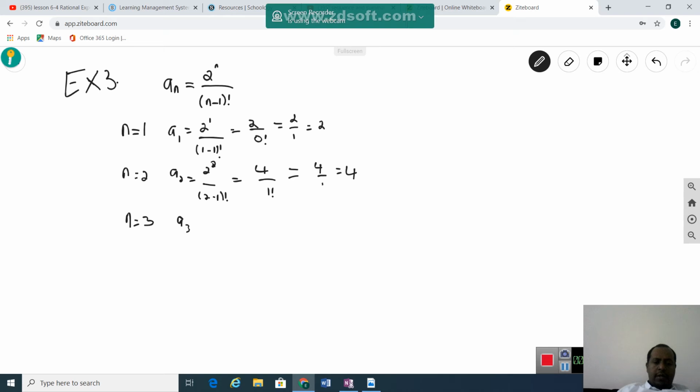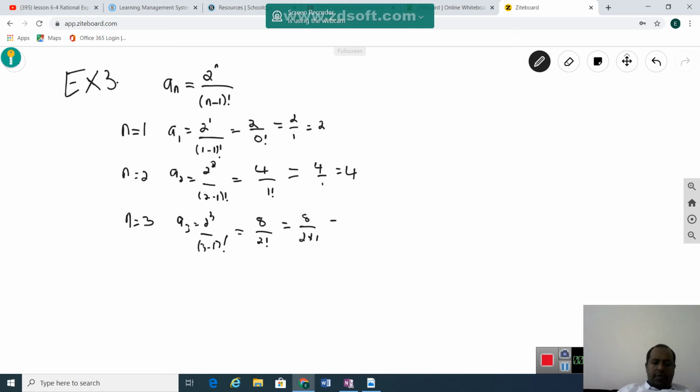So a_3 is equal to 2 to the power of 3, which is equal to 8, over (3 minus 1) factorial. 3 minus 1 is 2, so this will be 2 factorial. 2 factorial means 2 times 1, which is 2.